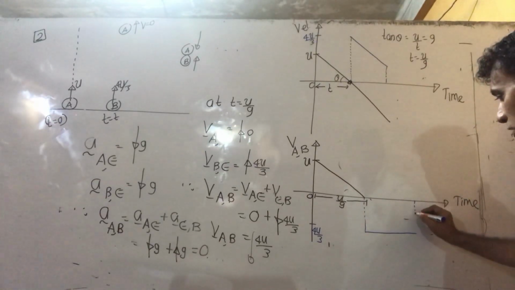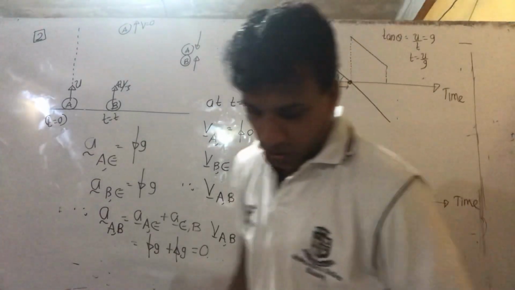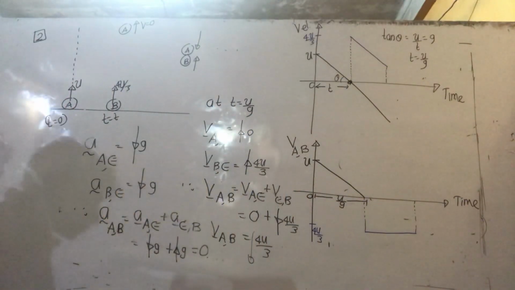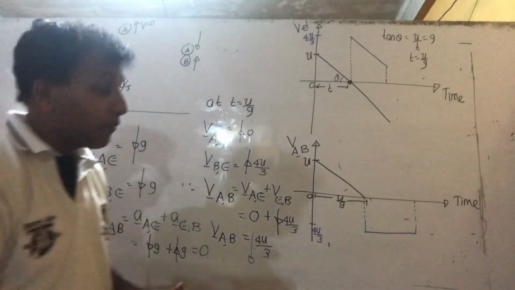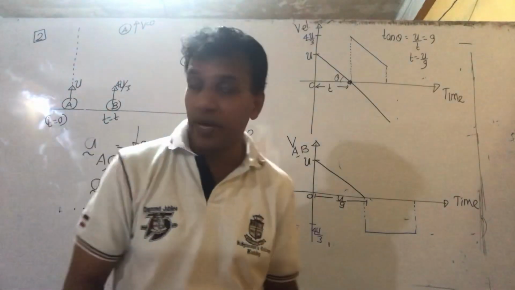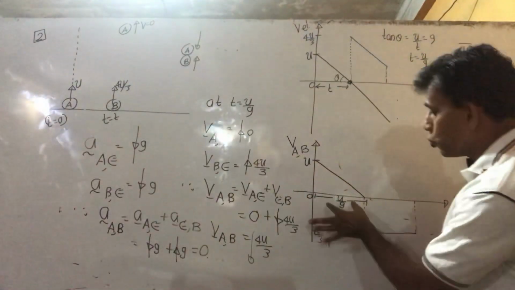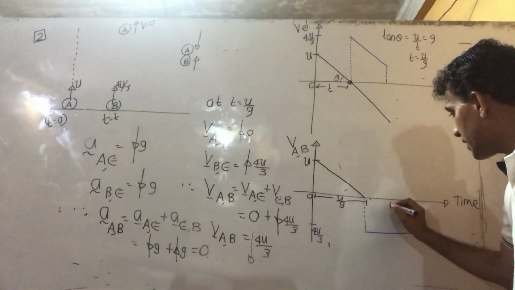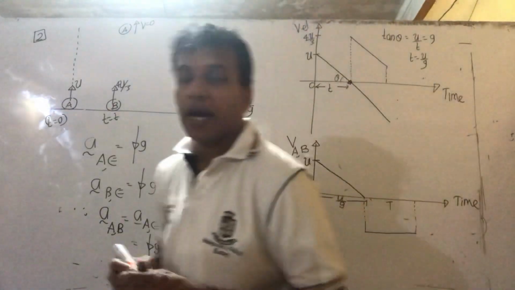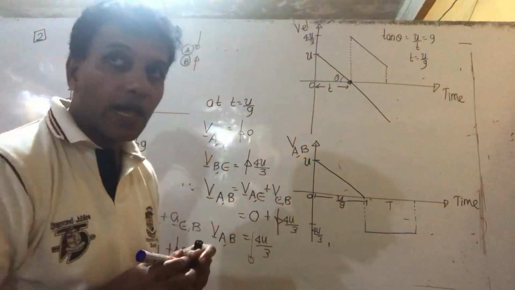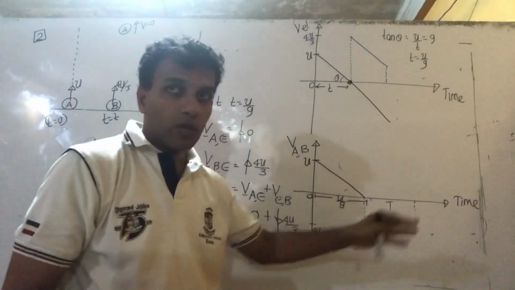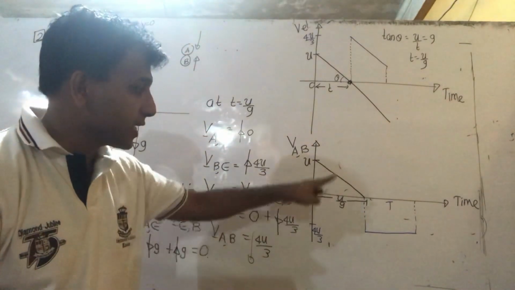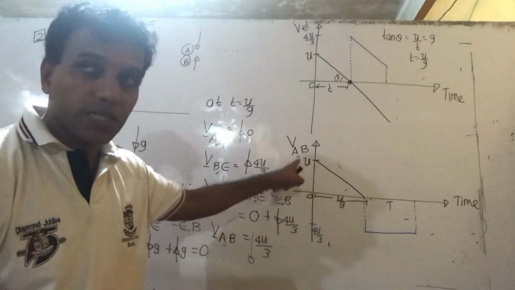So after drawing this, they ask to show the time taken for the collision between the balls. Everything is asked from the initial point. From the initial point U over G, after that only B is projected. If I mark this capital T as the time, what is the idea to find capital T, and later from here you can add it. The time taken to collide A and B is found by using the relative velocity v-t graph.